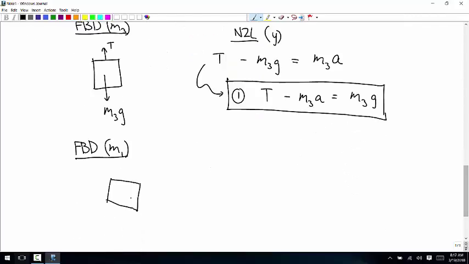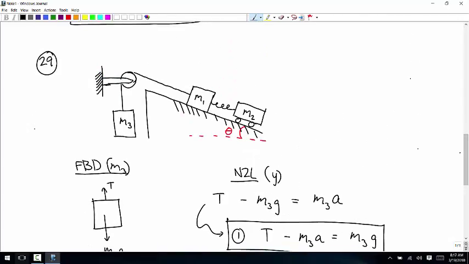So that has a weight force of M1G. Oh, and for these, I'm going to use this coordinate system for this one, and our incline coordinate system for the other two.